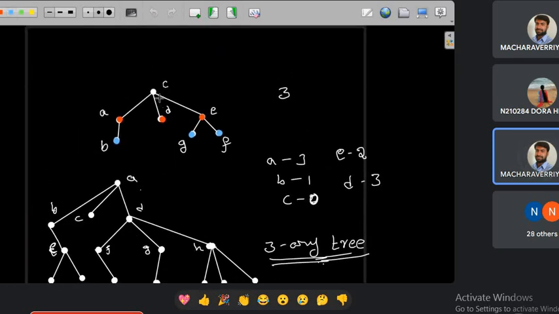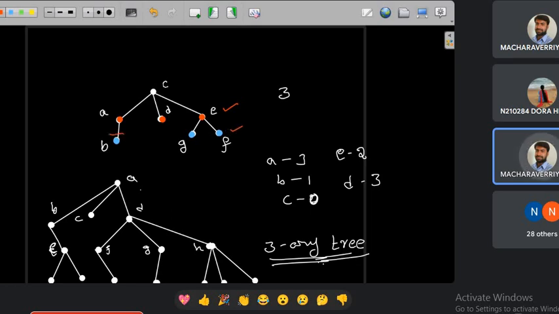You see, the root I colored white, the children of the root I colored red, and the children of these red vertices I colored blue. Now these blue ones are at level 2, whereas the red ones are at level 1. So these are level 1 vertices and these are level 2 vertices.